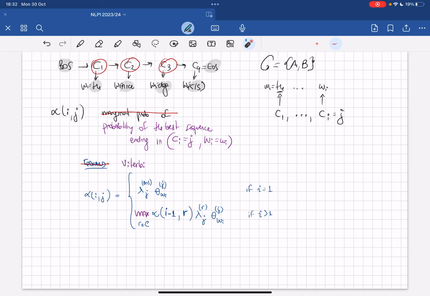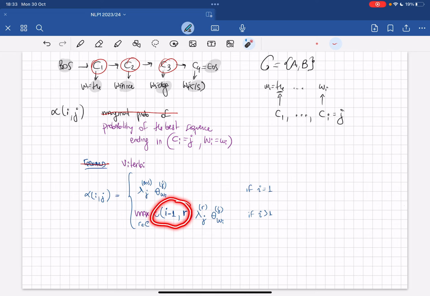So what is it? The probability of the sequence that ends in ci equals j and emits the ith word from the j tag is either the probability of this transition emission pair when i is exactly 1, or for i larger than 1, we have to go and try every possibility for the previous tag, for the previous position.